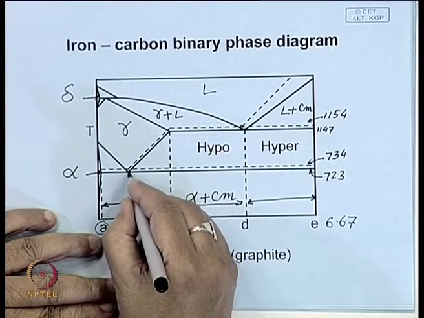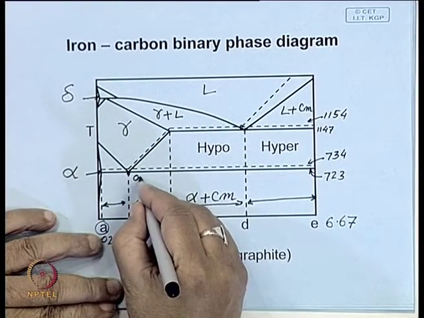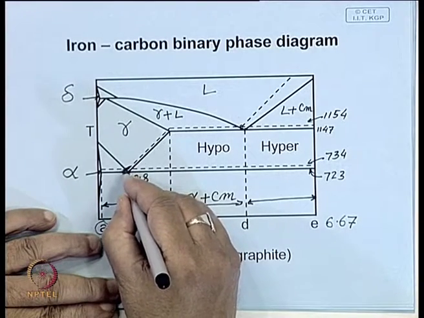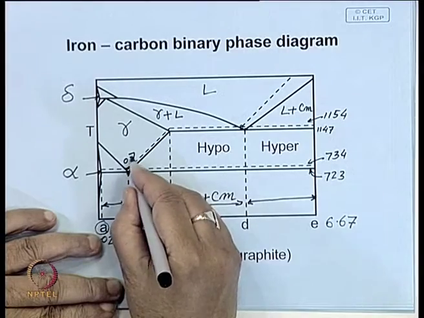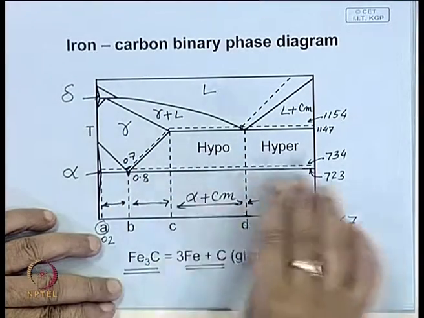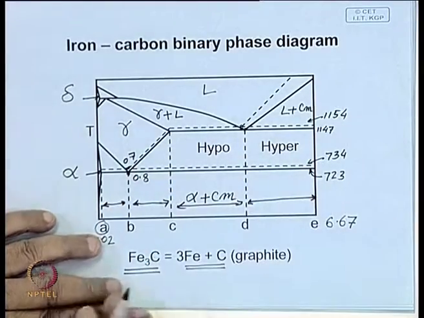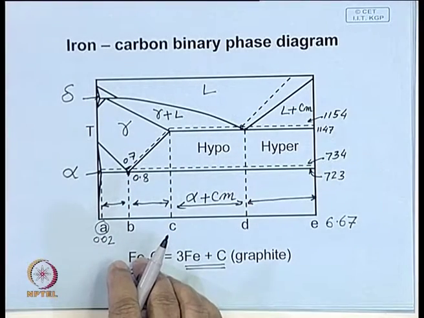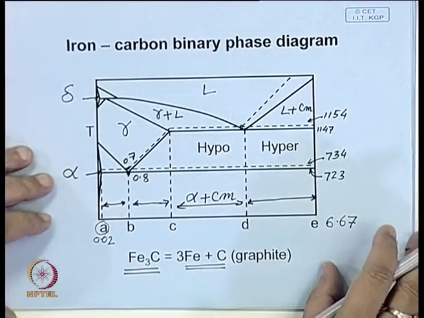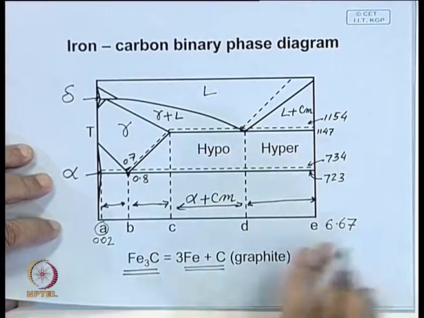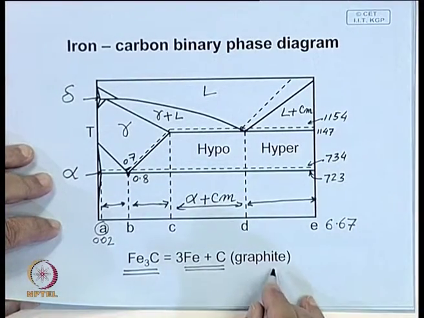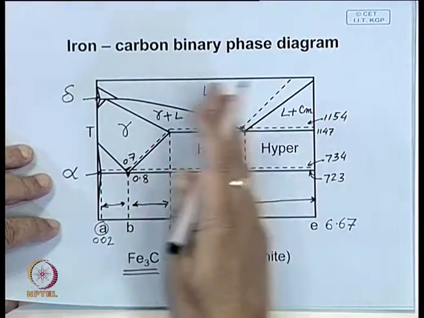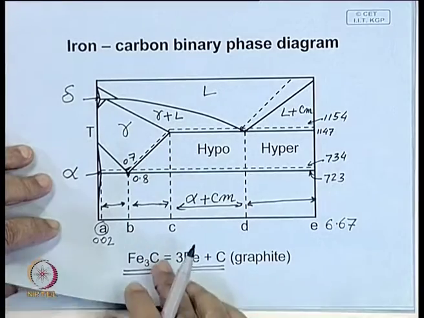Something like that. This point is 0.8. In the graphite eutectic, this is slightly to this side, 0.7. So more or less we can use the same diagram to interpret the microstructure if graphitization does take place, and it is most prominent as the carbon content goes high.